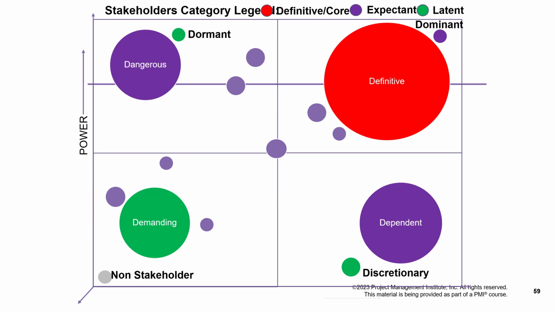What is it about discretionary? It is high on legitimacy, but the other two areas are low. So only high in one area, and that is only legitimacy. This is the discretionary stakeholder. Then this stakeholder, dominant one, that is low in urgency, right?